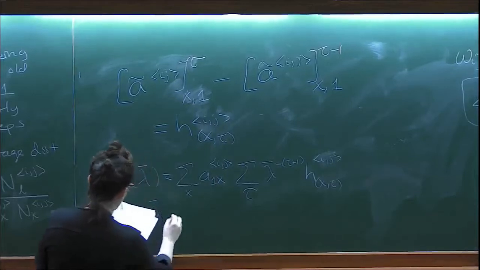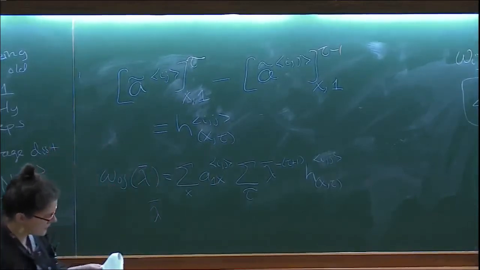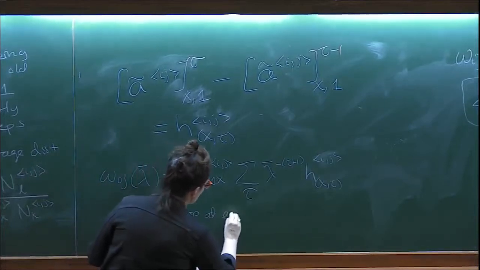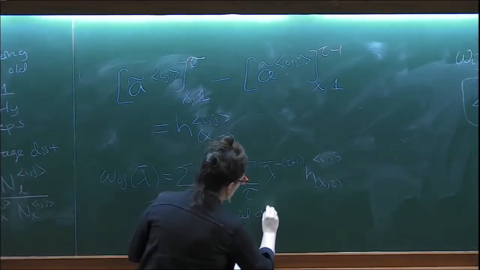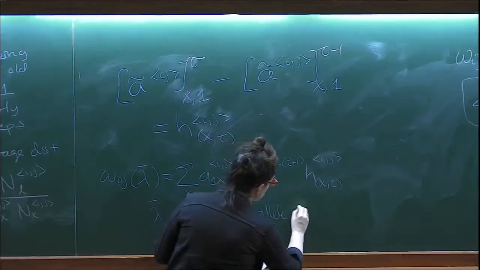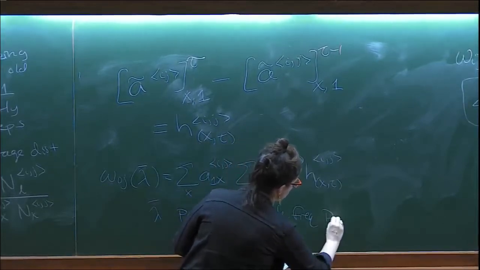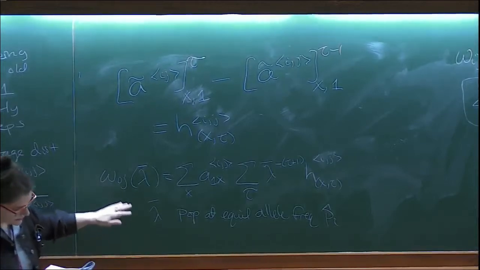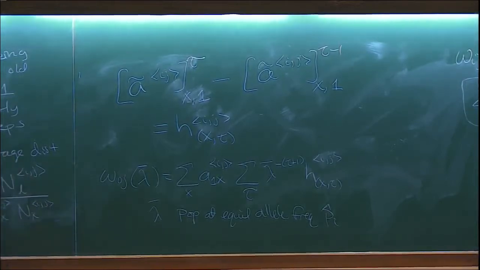And here, this lambda bar is the leading non-unit eigenvalue for the population at the equilibrium allele frequencies, the p-hats, the same way that we defined it before with r with a little hat over it. So now we have this contribution of an AI-AJ genotype at the newborn stage to the whole reproductive value of the population.